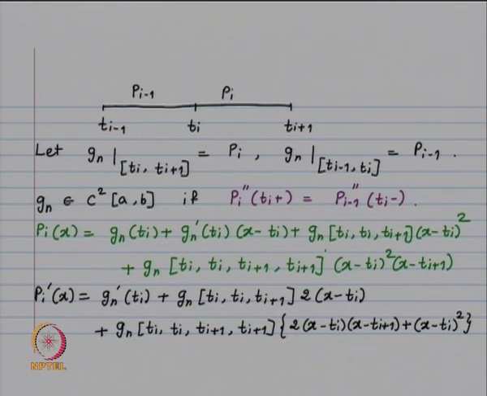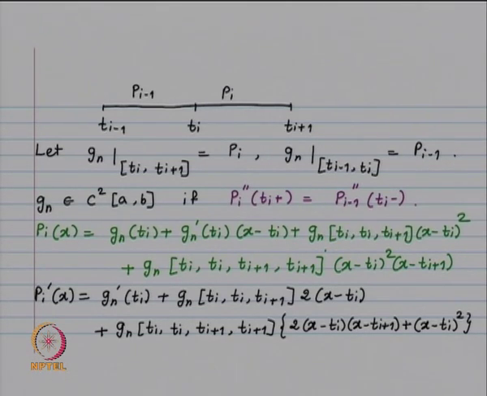Then we have g_n'(t_i) plus the divided difference based on t_i, t_i, t_{i+1} times the derivative of (x minus t_i) square, which will be 2 into (x minus t_i), plus the divided difference based on t_i, t_i, t_{i+1}, t_{i+1} and then the derivative of (x minus t_i) square into (x minus t_{i+1}), that is going to be 2 times (x minus t_i)(x minus t_{i+1}) plus (x minus t_i) square.